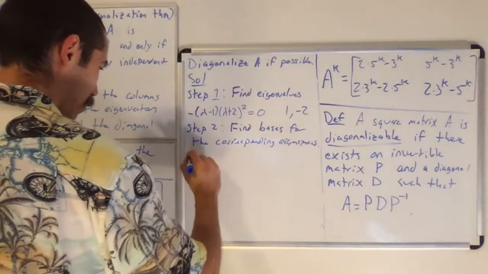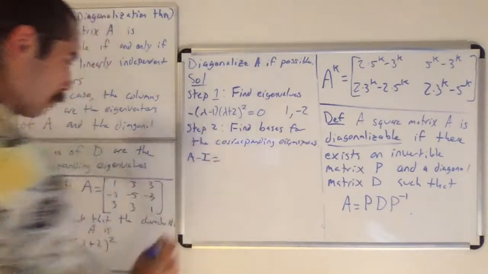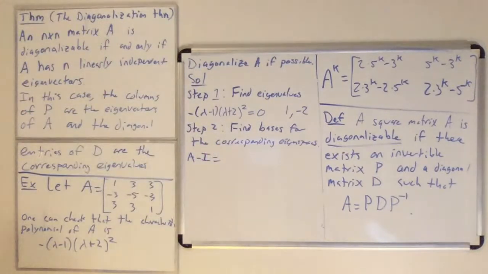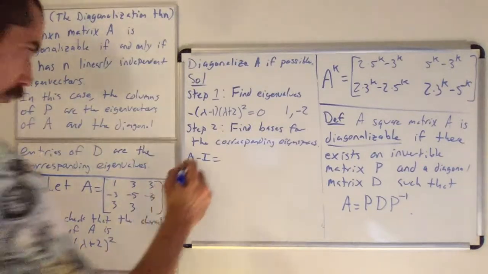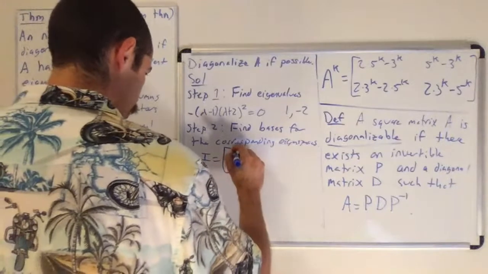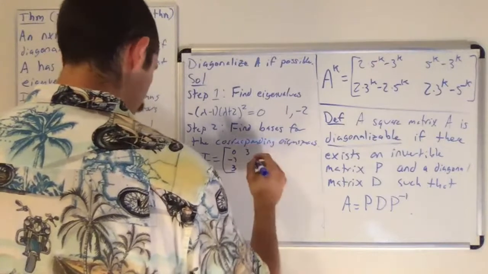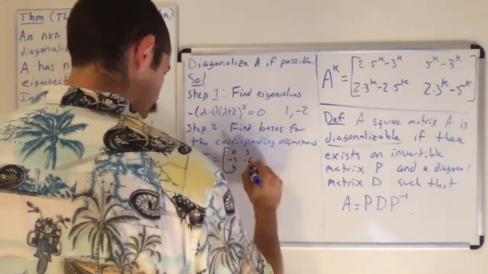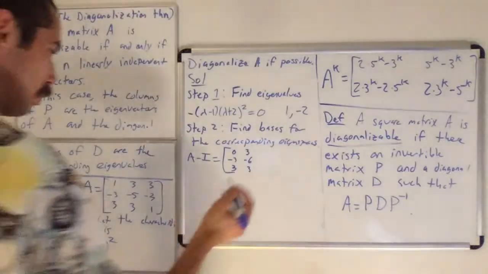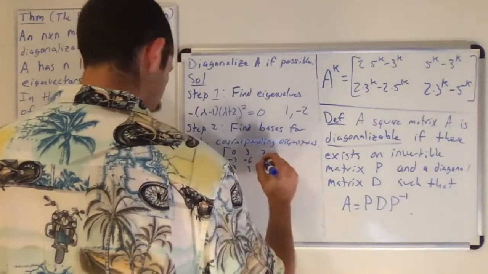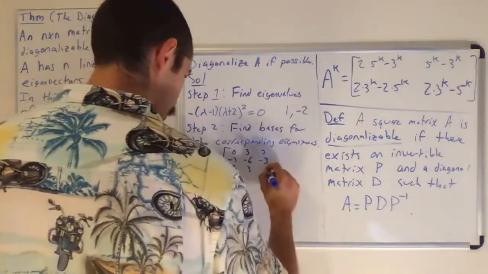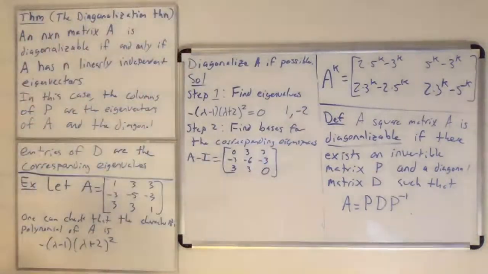We'll look at the matrix A minus 1 times I, which is the matrix 0, -3, 3, 3, -6, 3, 3, -3, 0. And we want to find the null space of this matrix, right? That's the same thing as finding the eigenspace corresponding to lambda equals 1.